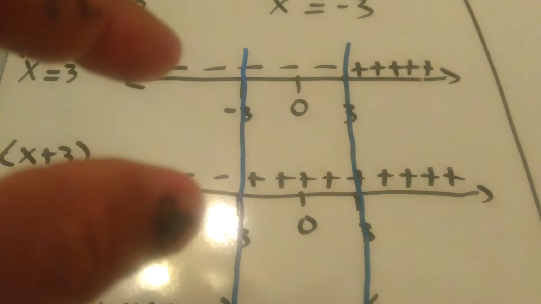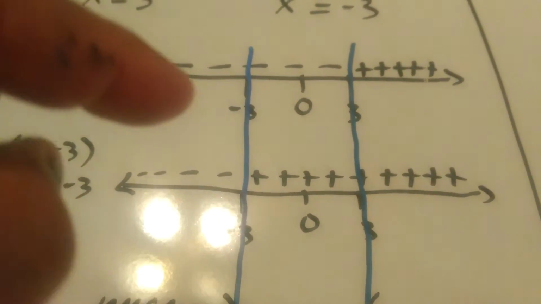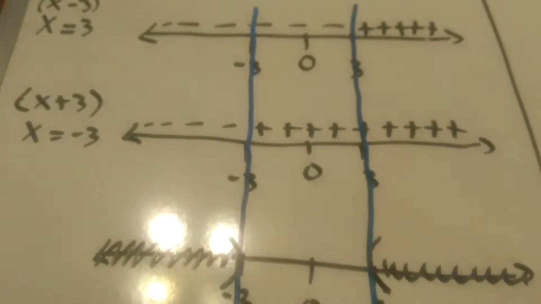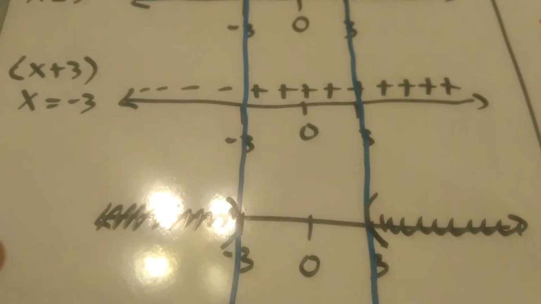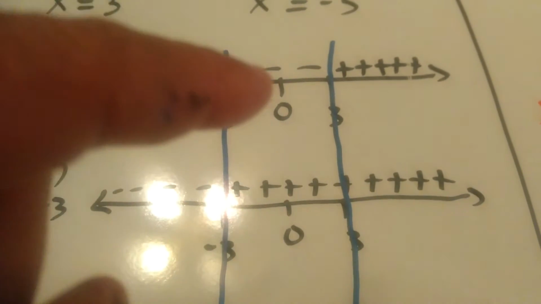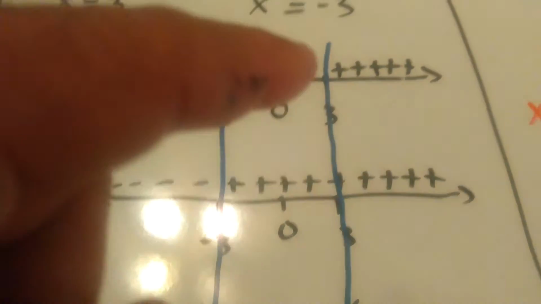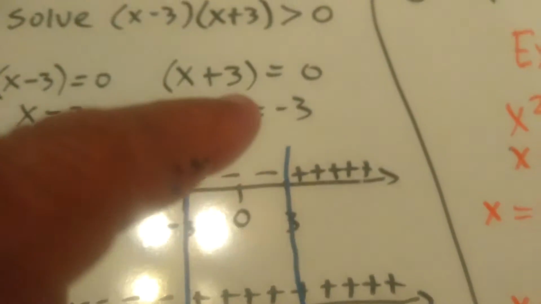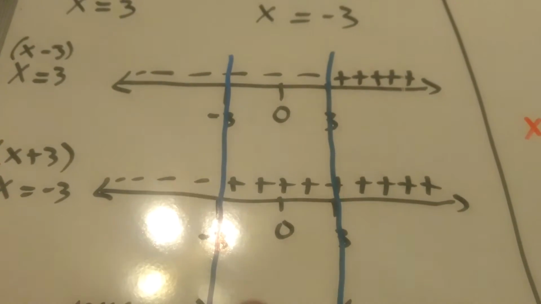So what happens is, if I multiply this times this, a negative times a negative is a positive. So this is one part of the solution, from negative infinity to negative 3. If I multiply here, I got a negative times a positive, which gives me a negative, which is not what I want. I want something greater than 0. So this doesn't work.